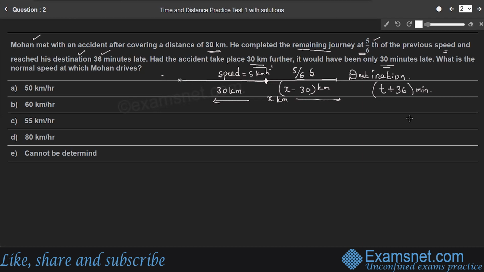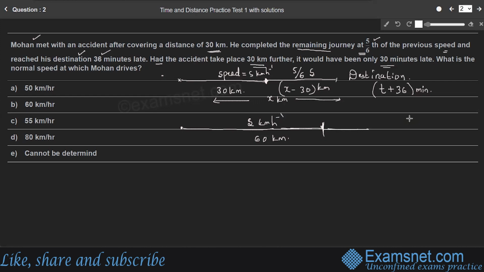And in the second case, had the accident taken place 30 kilometer further, that means at the 60th kilometer, he covers 60 kilometer distance with speed s kilometer per hour. After covering 60 kilometer, he met with an accident.